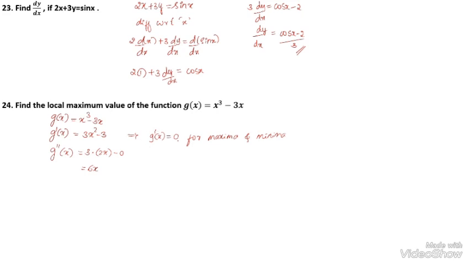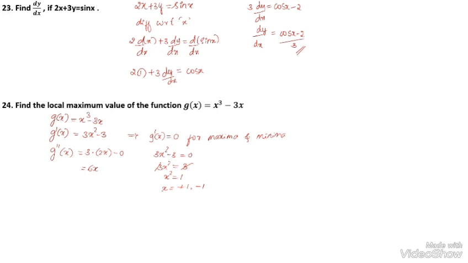So g dash of x is equal to 0, then 3x square minus 3 is equal to 0. Taking the minus 3 to the right side, it becomes plus 3, the 3s get cancelled, x square is equal to 1, so x has two values, plus 1 and minus 1.